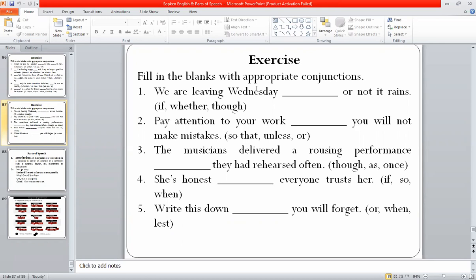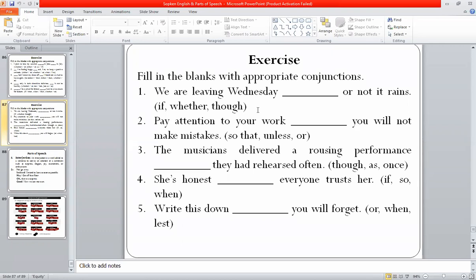Answer me. We are leaving Wednesday. What should be the appropriate conjunction in this place? There are three options: if, whether, or though. From these three options, we have to choose one.